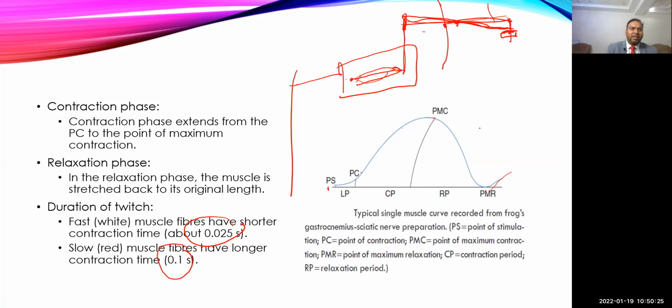Similarly, in afterload, there is no change in the initial length of the muscle, and that will keep on decreasing the force of contraction because load is acting after the muscle is contracting. Now, how can we see this in day-to-day routine life? What is a free load and afterload?